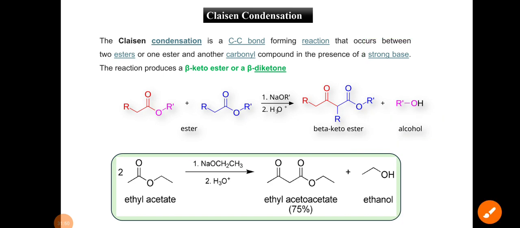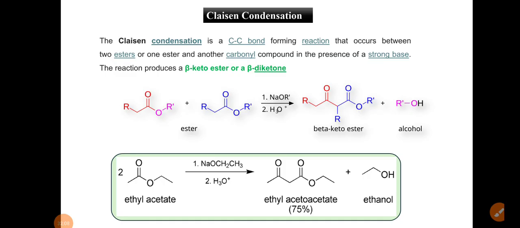Here is a simple example. Two molecules of ethyl acetate react with sodium ethoxide, a very strong base, followed by hydrolysis. You are getting ethyl acetoacetate, which is the beta keto ester.